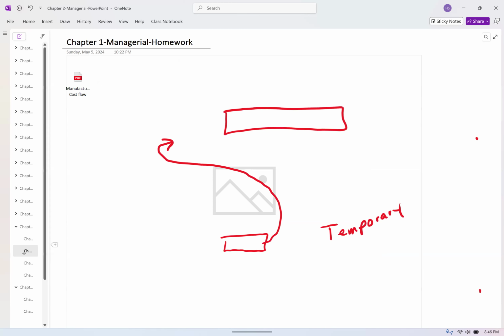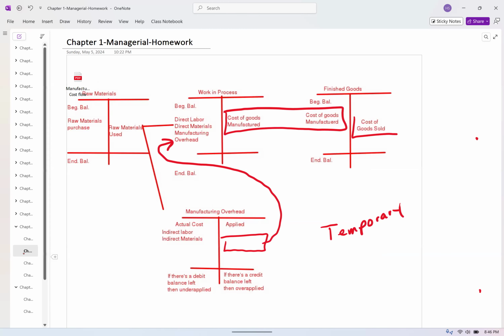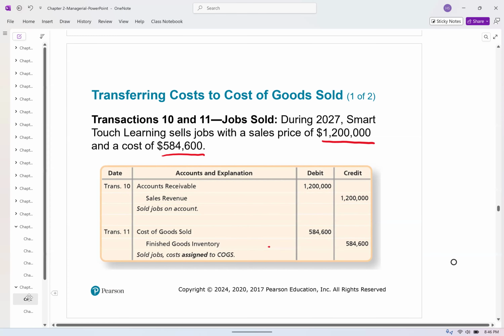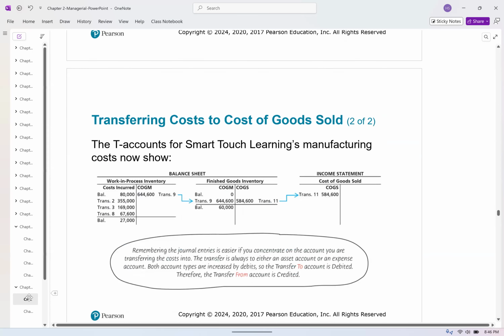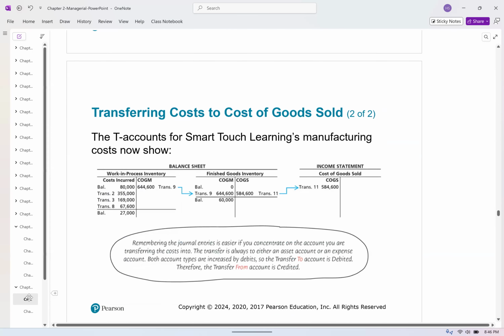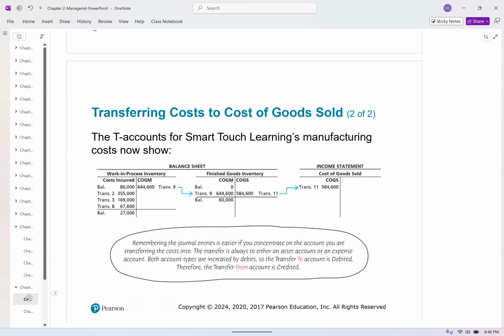So let's jump back over here, and here we go. It's leaving finished goods and it's going to cost of goods sold. So we have to make two entries there. We have to make sure we make both entries if they ask you.